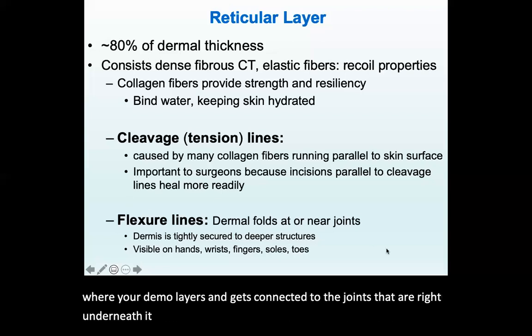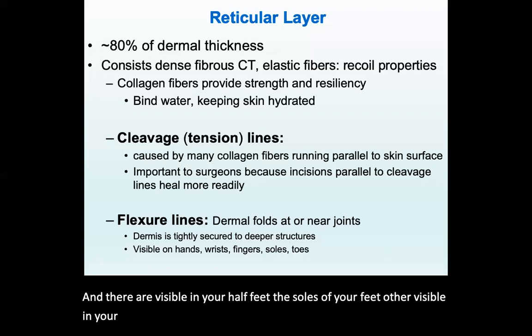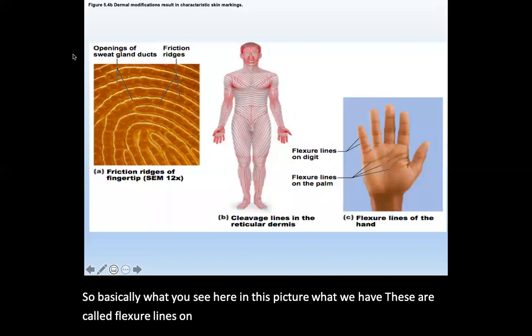These structures create very particular lines, and they are visible in the soles of your feet, your toes, your fingers, as well as your wrist and the palm of your hand. So what you see here in this picture are called flexure lines. On this side, what we have is your friction ridges, which is the same thing as your fingerprint.